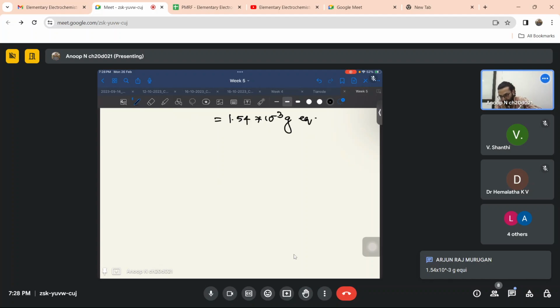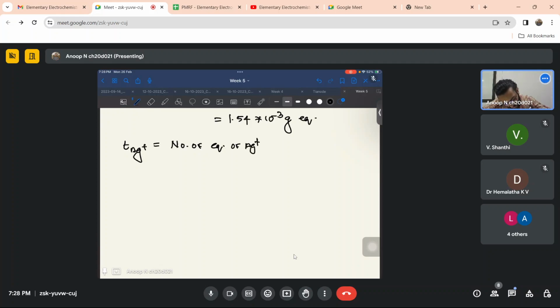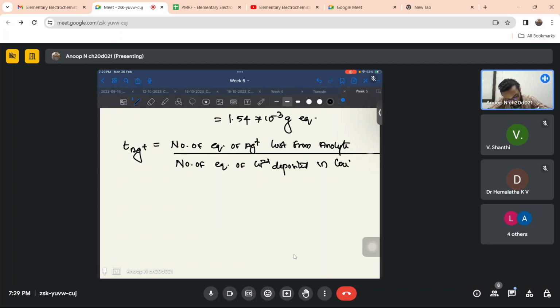So now, what is the transport number? T Ag plus will be equal to the number of equivalents of Ag plus lost from the chamber divided by the number of equivalents of Cu2 plus deposited in the coulometer, which is nothing but the total falling concentration of solution, because in the coulometer it corresponds to the total charge or current.